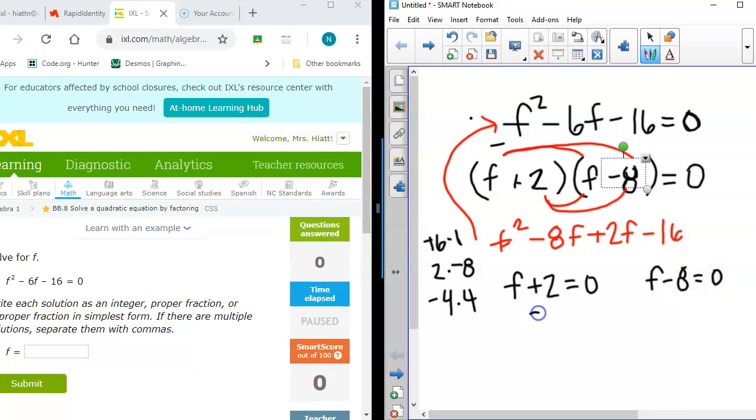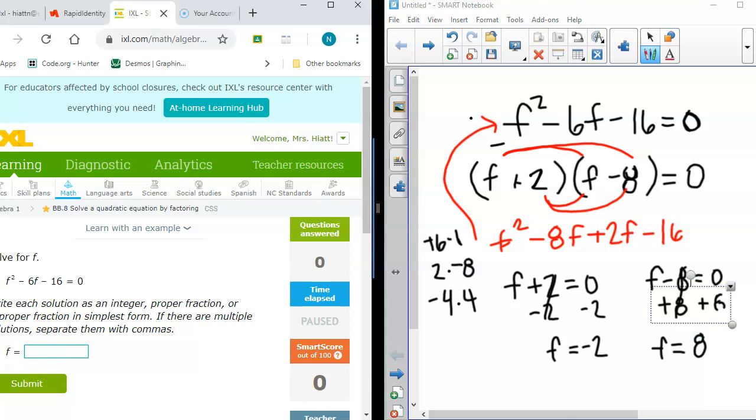So I could subtract 2 from both sides, and so f will equal negative 2. And then over here, I could add 8 to both sides, and f is going to equal positive 8. So I've got two answers. I've got negative 2 and positive 8.